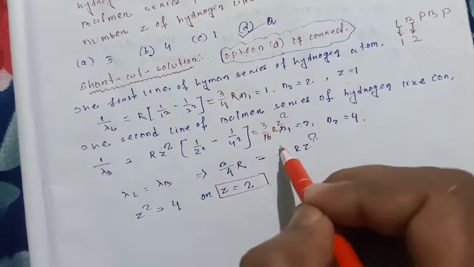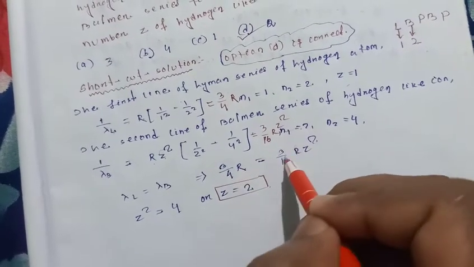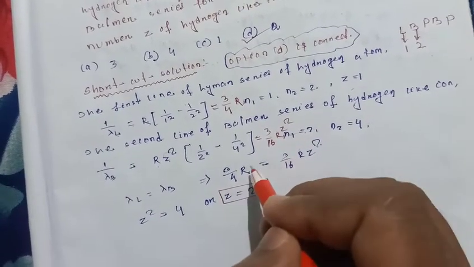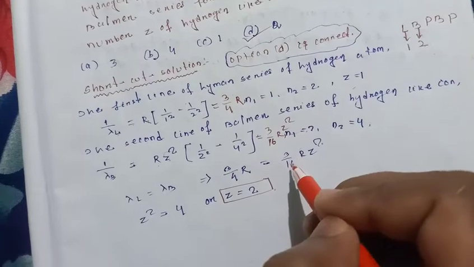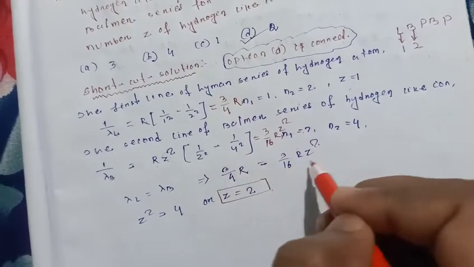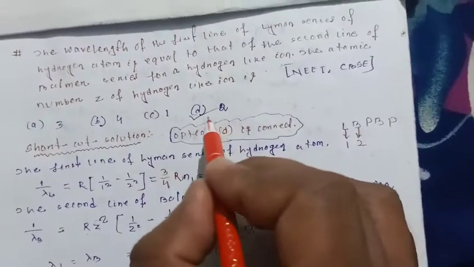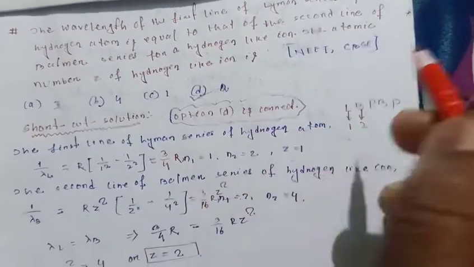The 3R cancels, leaving 1 equals 1 by 4 Z square. Multiplying, Z square is 4, so Z is equal to 2. That means option D is correct.